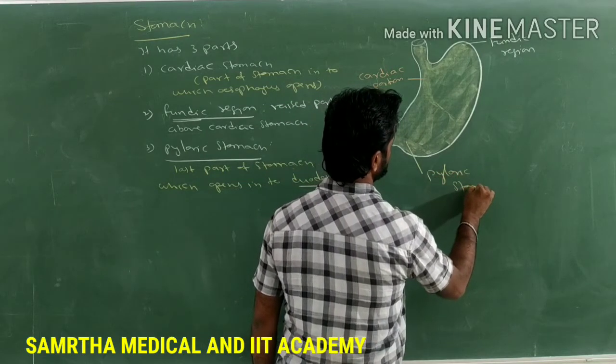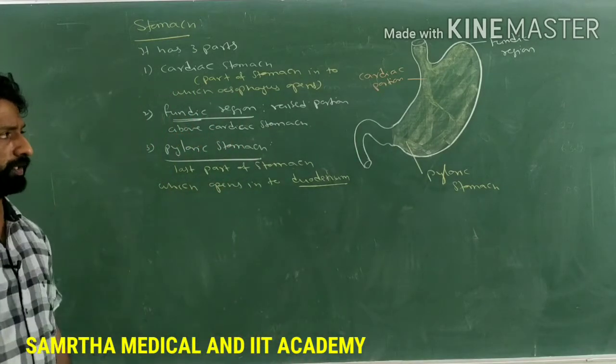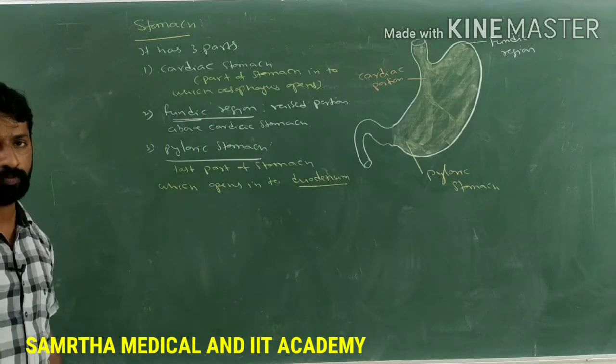So like this, there are three parts present in the stomach, and the stomach is a J-shaped muscular bag-like structure.